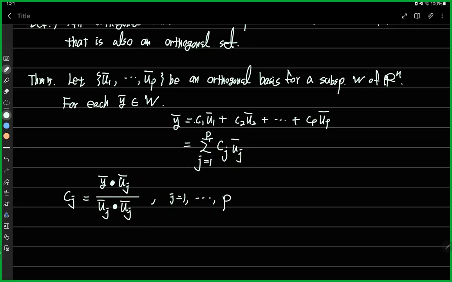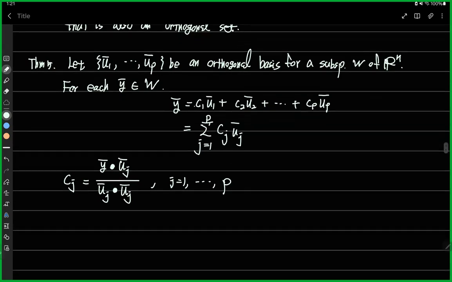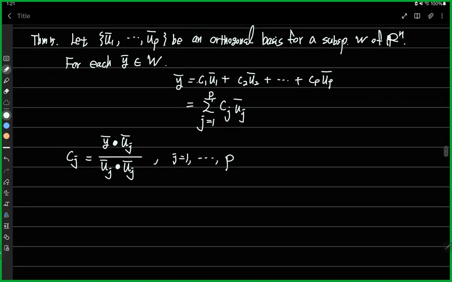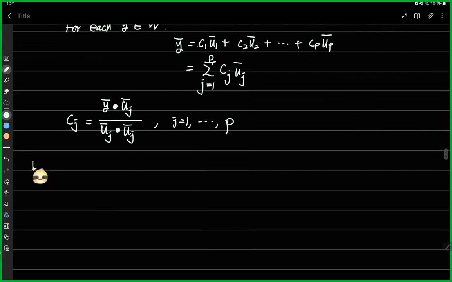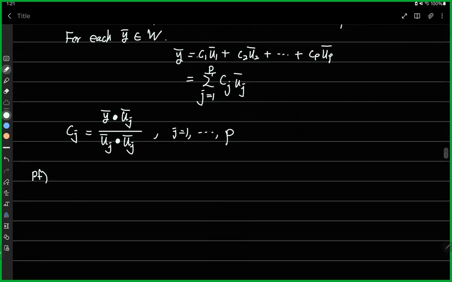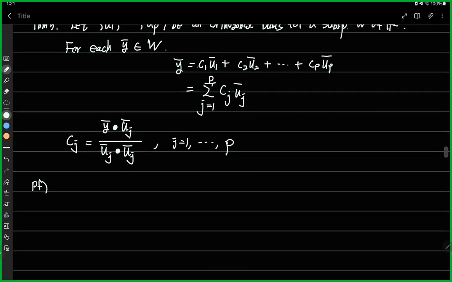So let me prove this. We're going to use the orthogonality of the orthogonal basis. So the inner product of y and u1 is equal to what? From that equation, we just take the dot product with u1 on both sides.